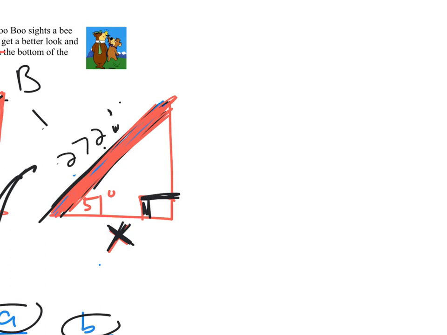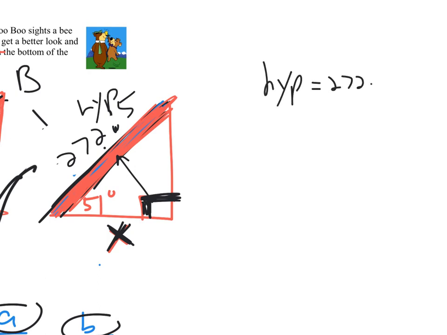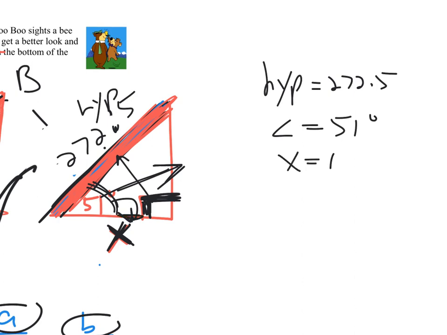And now I'm going to go about solving for x. Here I'm using SOHCAHTOA because it's a right triangle. My hypotenuse is that 272.5. Here the angle is going to be 51. And opposite would be the height of that tree, but that's not what the question is asking me for. The question is asking me for x, which is going to be the adjacent.